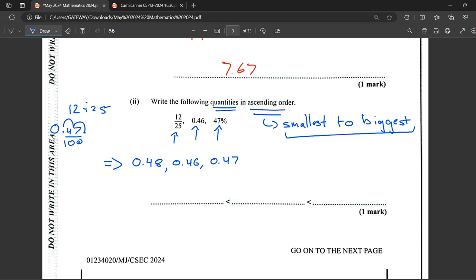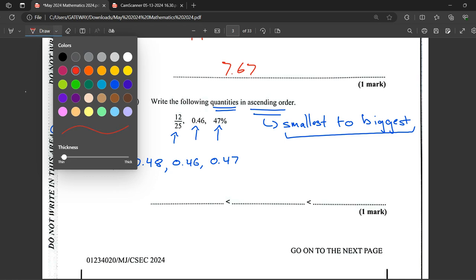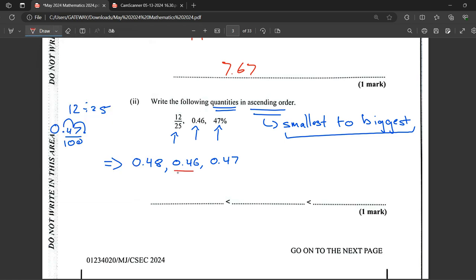0.47. Right? If I were to state this now from smallest to biggest, 0.46 is the smallest number, so that will come here. The other number that's a little greater than that would be 0.47, right? And then the other number would be 0.48, right?